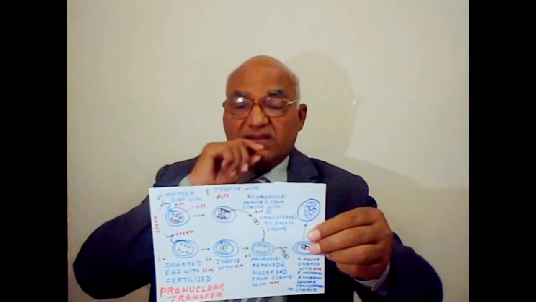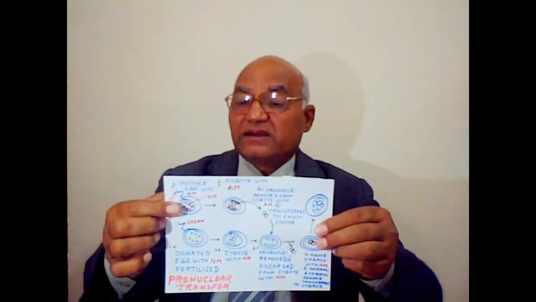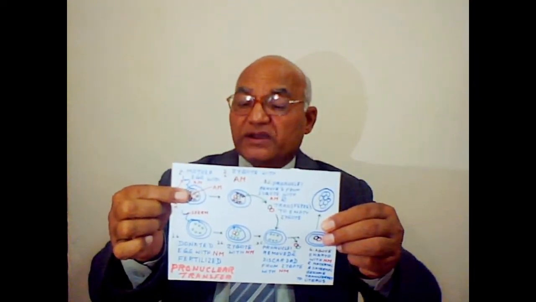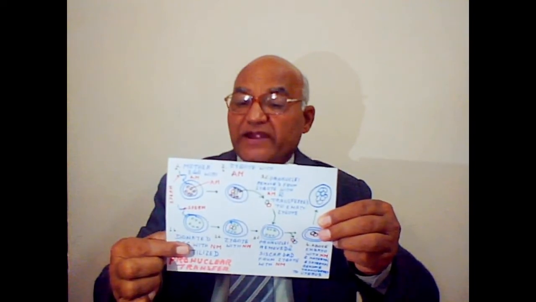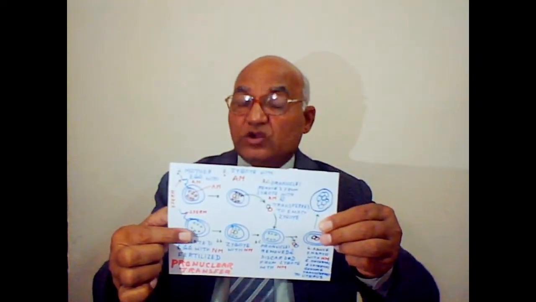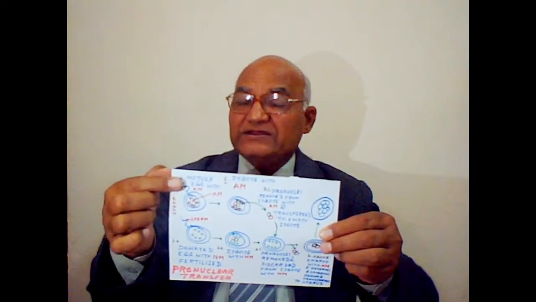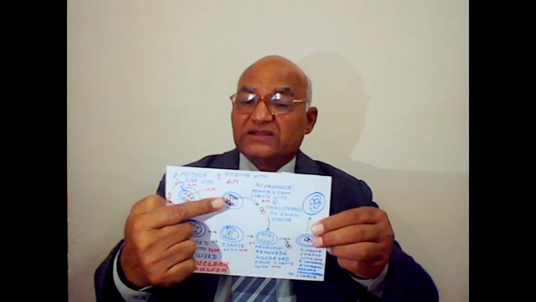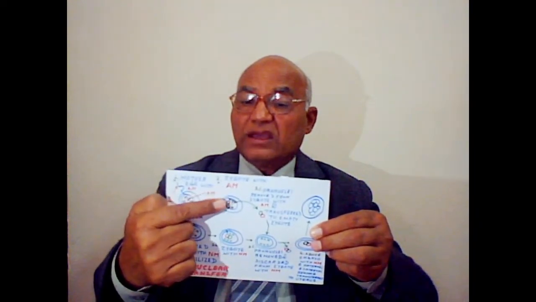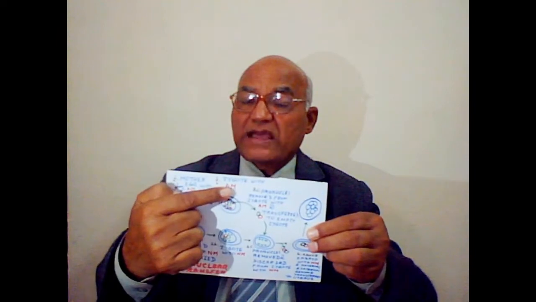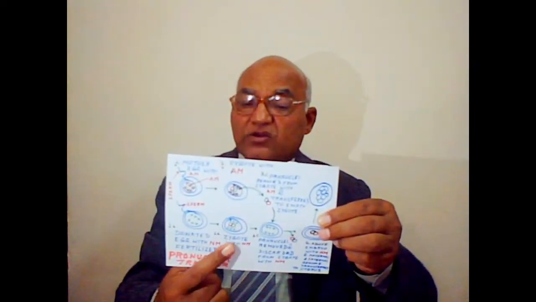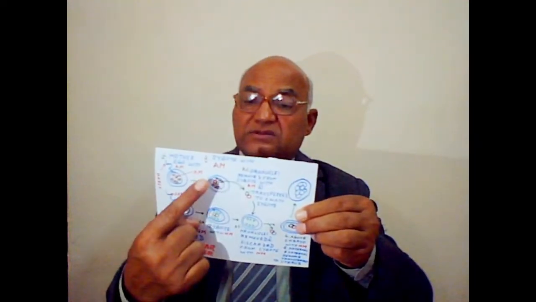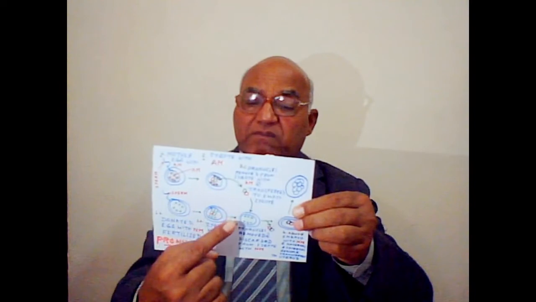So you see here, AM stands for abnormal mitochondria and NM stands for normal mitochondria. The below is the donated egg. This is from the mother and the sperm from the father, and then in the next stage it is with abnormal mitochondria, and here normal mitochondria. And these nuclei are removed and passed on.